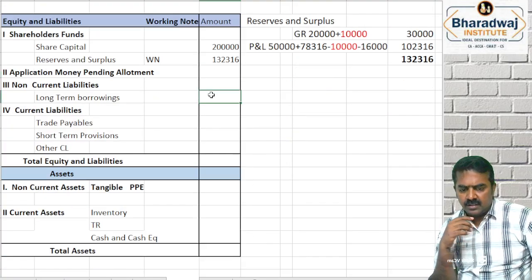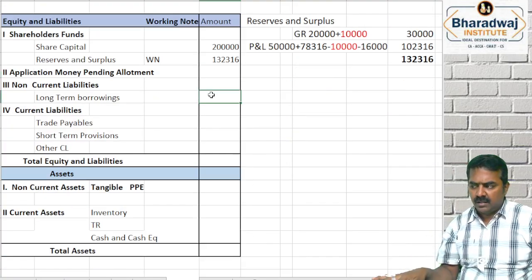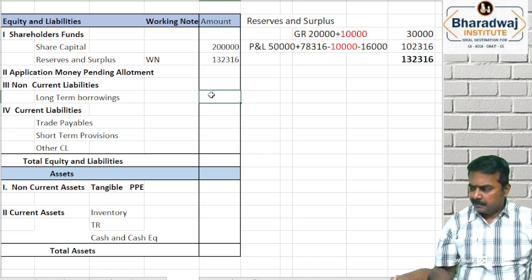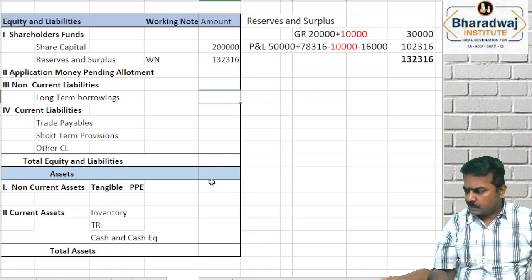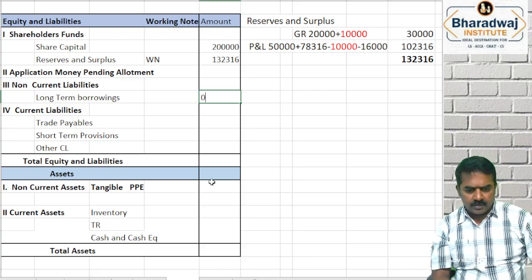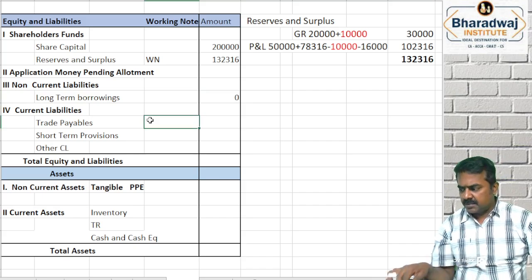Tell me the other things. What are the things that will come in long-term borrowings? Sir, there is no long-term borrowing. Trade payables: creditors and bills payable.